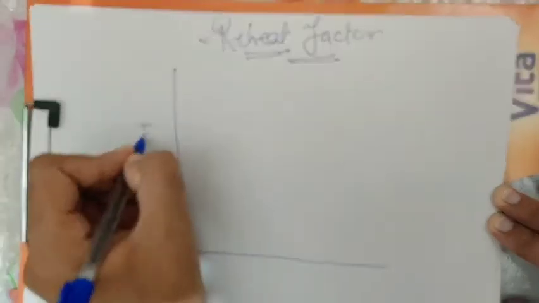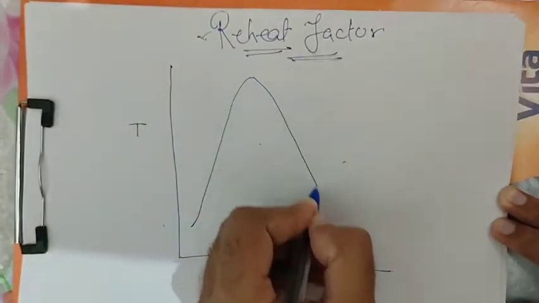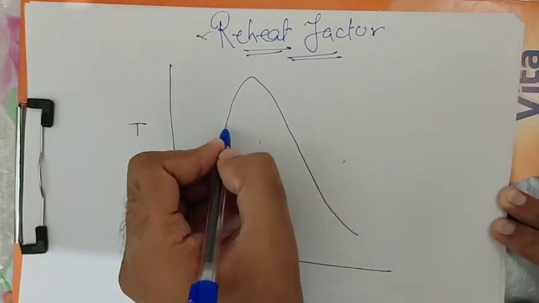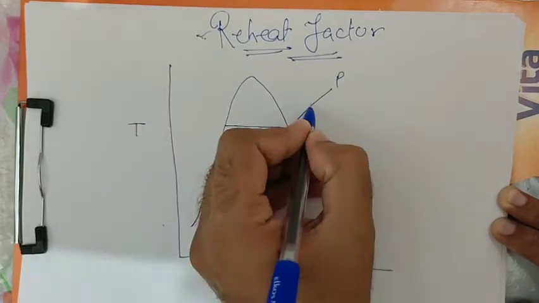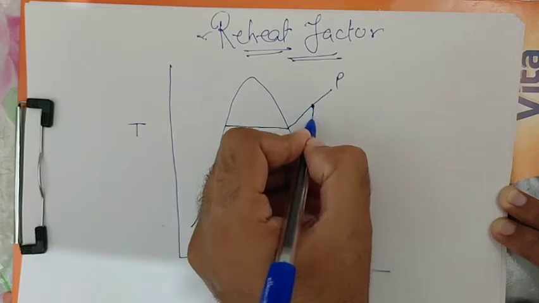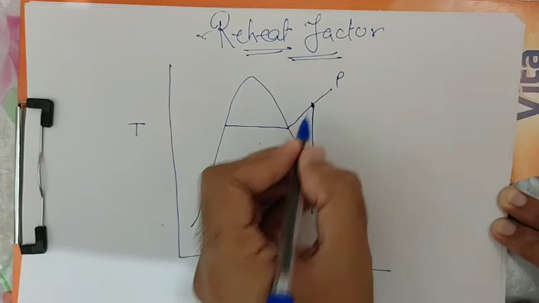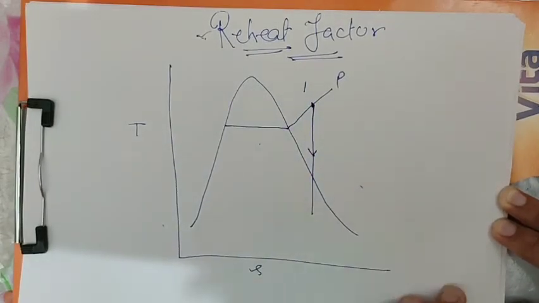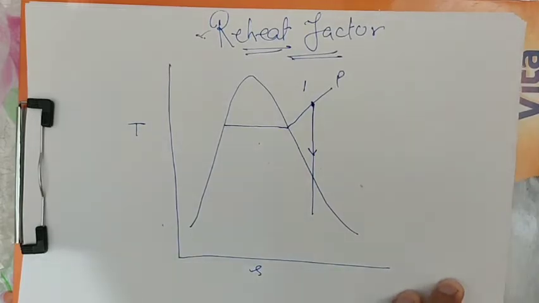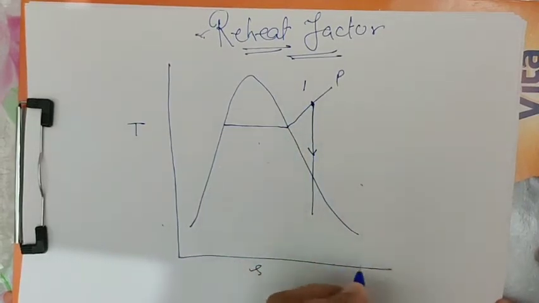This is the TS diagram, and this is the saturation curve. Now this is the boiler pressure line, and the steam is entering into the turbine at this pressure. This line indicates expansion of steam in the turbine, and you can see that this line is perpendicular to the entropy axis.